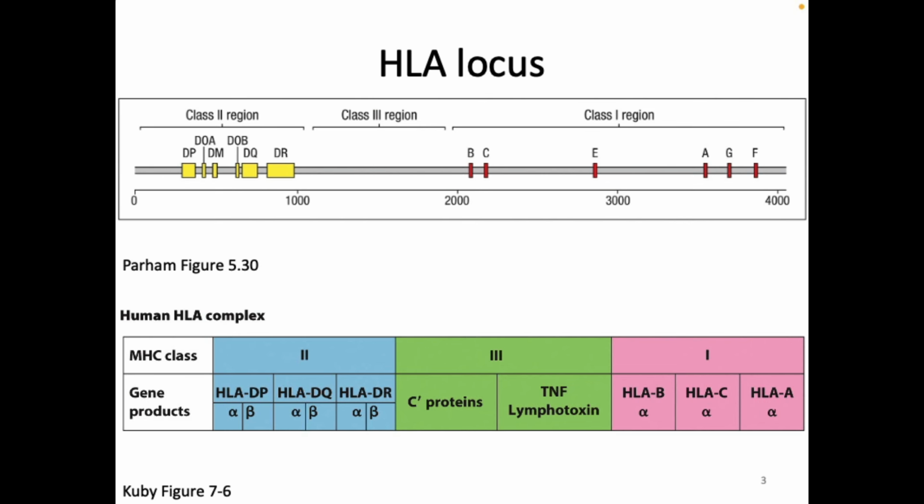So you might have HLA-A1 and HLA-A253. It's basically just a set of numbers that we use to distinguish different versions of it. And so I will often talk about them with the different numbers, telling us which version of HLA-A or B or C or DP or DQ or DR we might have.